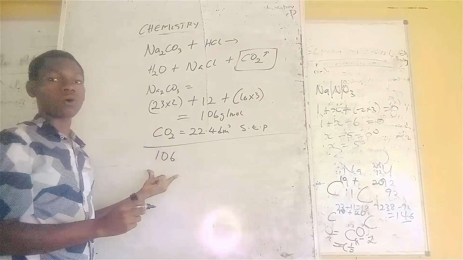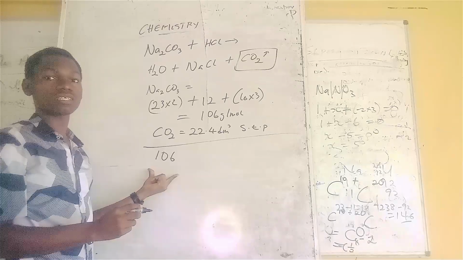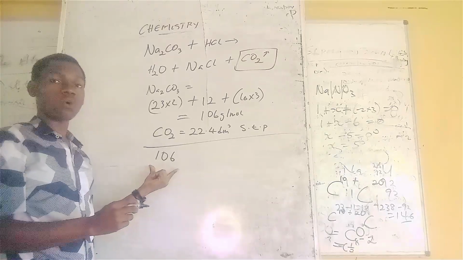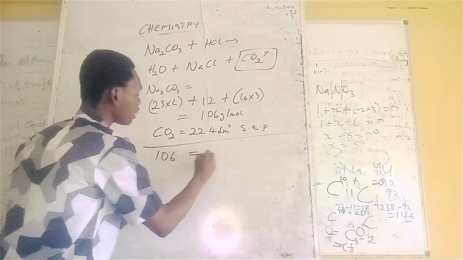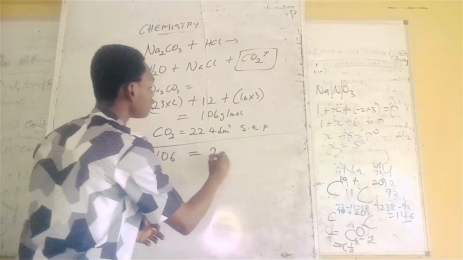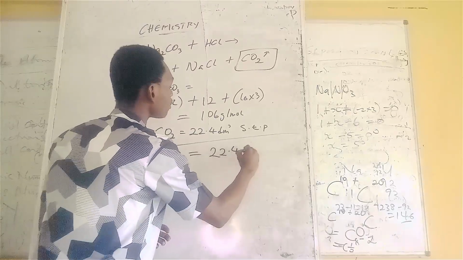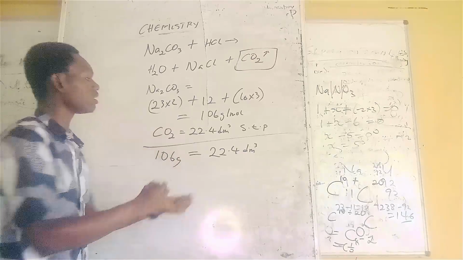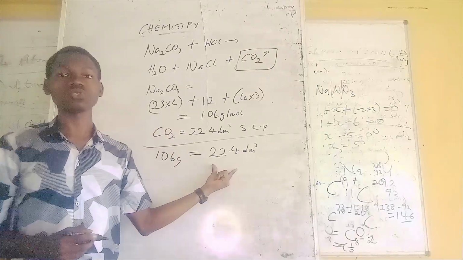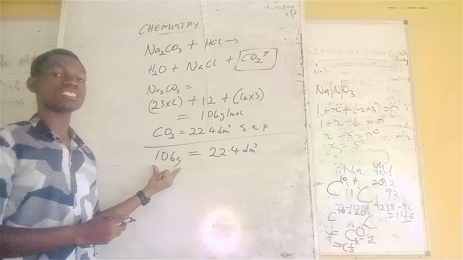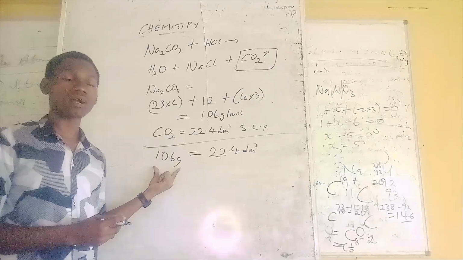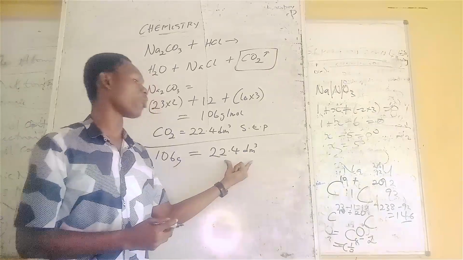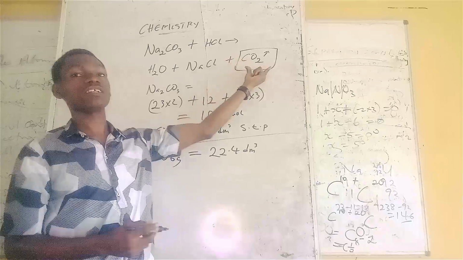This is the mass of the sodium carbonate, 106, gives us 22.4 dm³ of CO2. So 106 g of sodium carbonate gives us 22.4 dm³ of the gas.